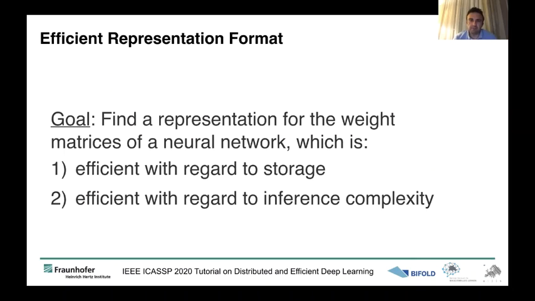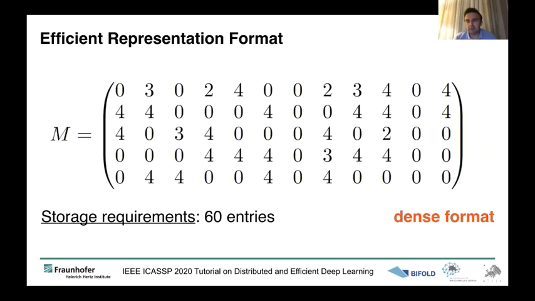And another work which I want to present here is formats. Neural networks are usually stored in a dense format. So if this is a weight matrix of a fully connected neural network, then if you would need to save every value, you would have 60 entries, for example, 60 times 32 bits.